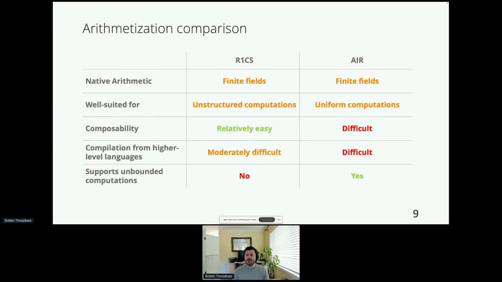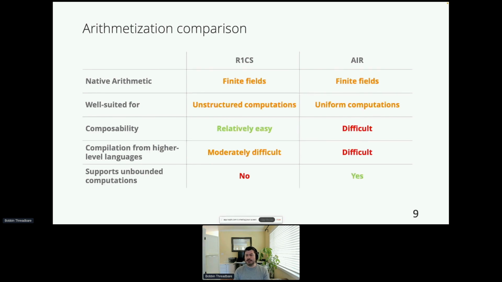I would say that AIR is well suited for uniform computations, while R1CS is probably better suited for unstructured computations. Although you can attempt to do both with either one of these approaches. For example, trying to describe an unstructured computation with AIR is going to be very, very inefficient.